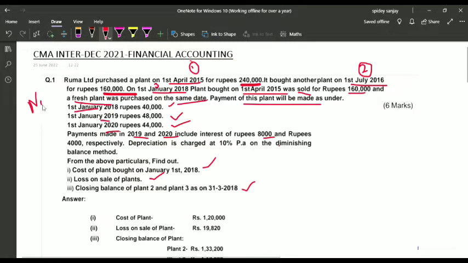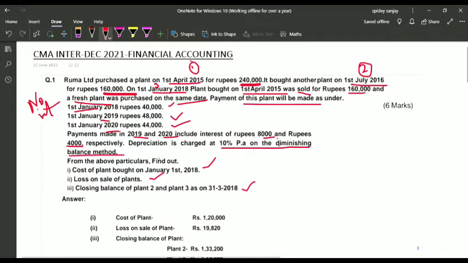For the rest of the two, the interest elements are 8,000 and 4,000 respectively, and the depreciation is charged at 10% on the diminishing balance method. In the diminishing balance method, out of our carrying amount we reduce 10% of the value.